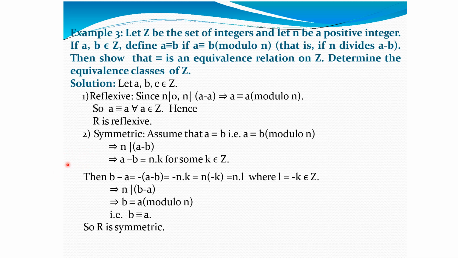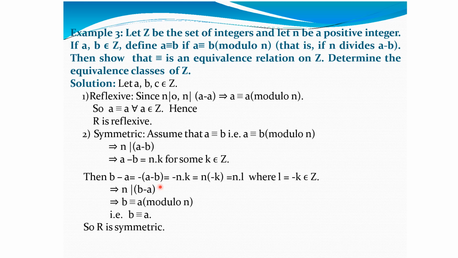Now by definition of divisibility, n divides a minus b implies a minus b is equal to n times k for some k belonging to Z. Now from a related to b, we have to show b related to a, that means b is congruent to a modulo n. So we consider b minus a. It is minus of (a minus b), which is equal to minus of nk, so it is equal to n times (minus k).